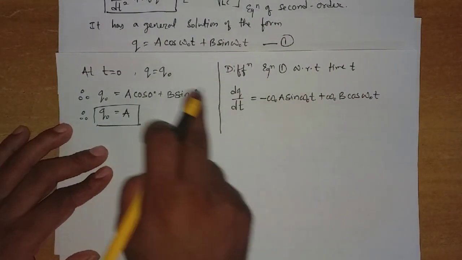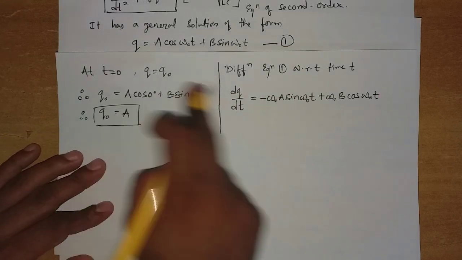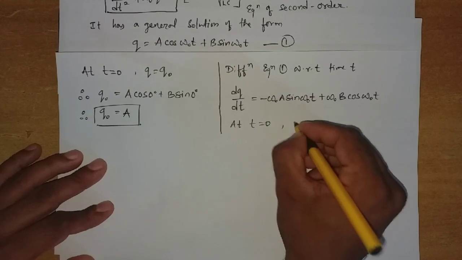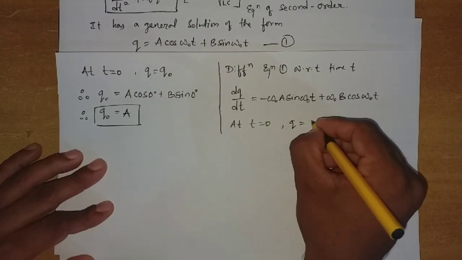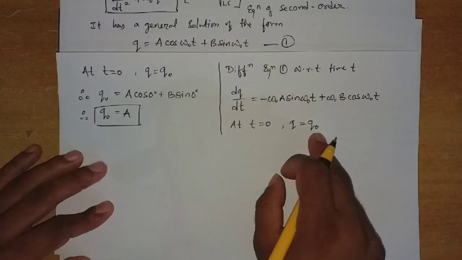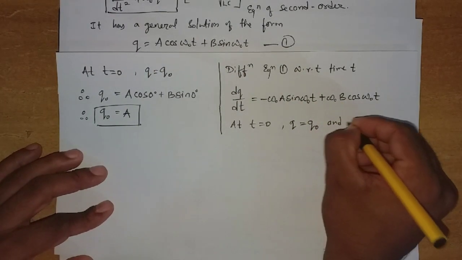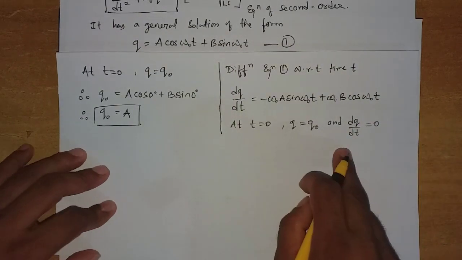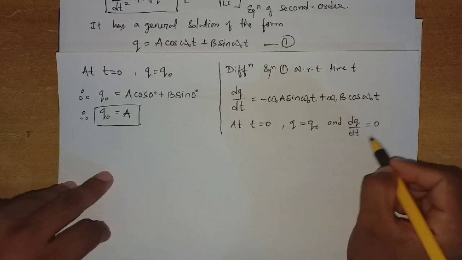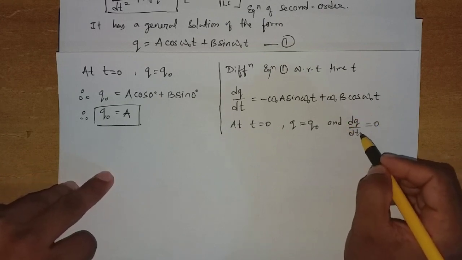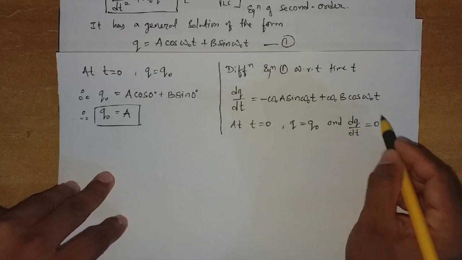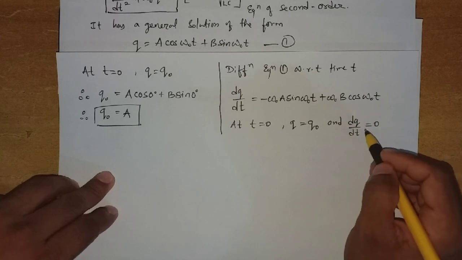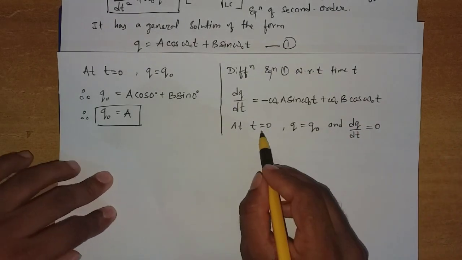Clear? Again here we take an initial condition. At time t equal to 0, the charge will be the initial charge, so q equal to q naught, and the rate of decrease of charge will be equal to 0. Now friends, an important note here: no charge will be leaving the capacitor. So the rate of charge decreasing from the capacitor will be 0 at initial time. Clear?